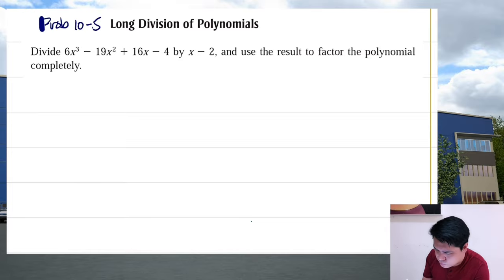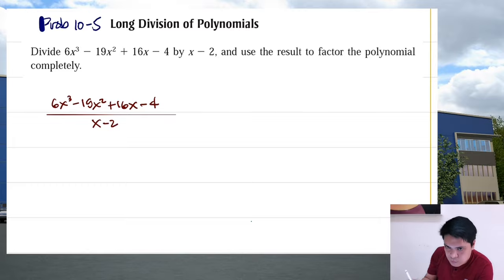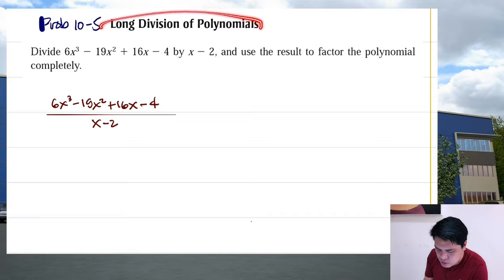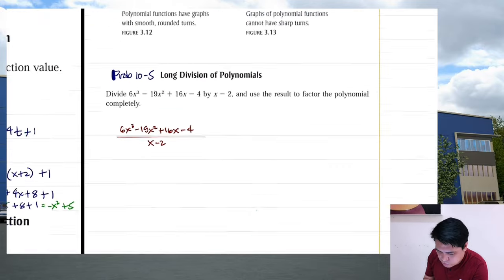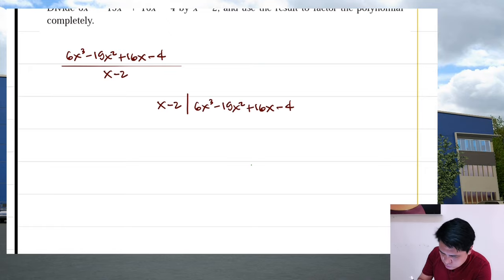Okay, so we do it like this. First, in the problem, we are asked to divide this by this. Since the problem asks us to do this by long division, this is the procedure we will follow. First, let me write it this way.